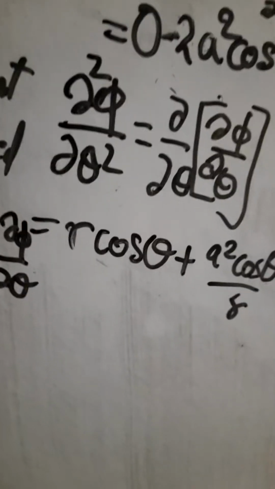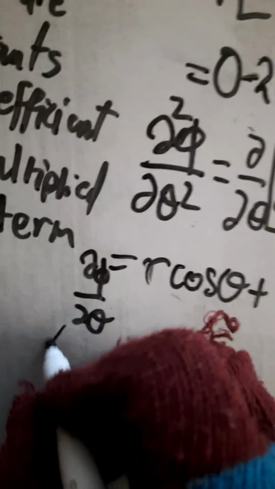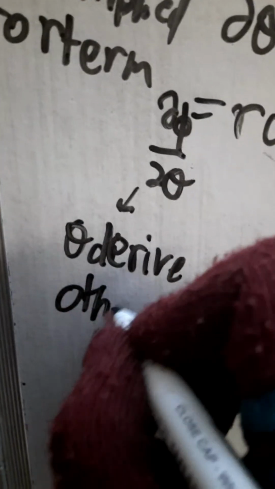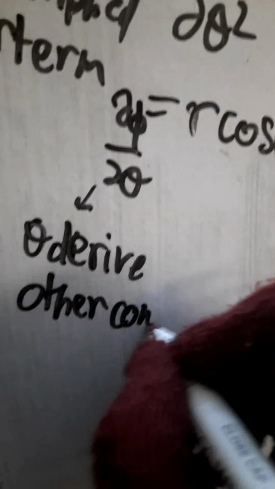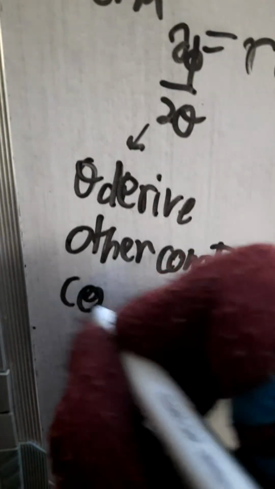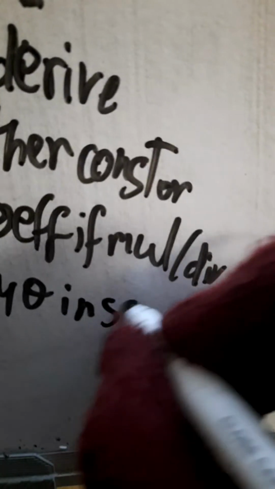Now what this means is theta would be differentiated, others are constant or coefficient if multiplied or divided by theta in the same term.